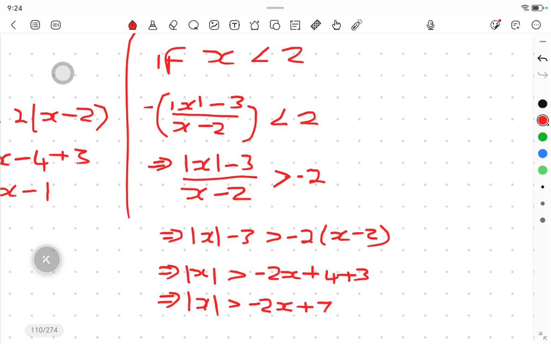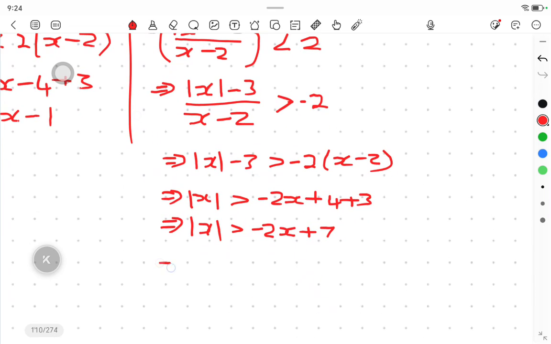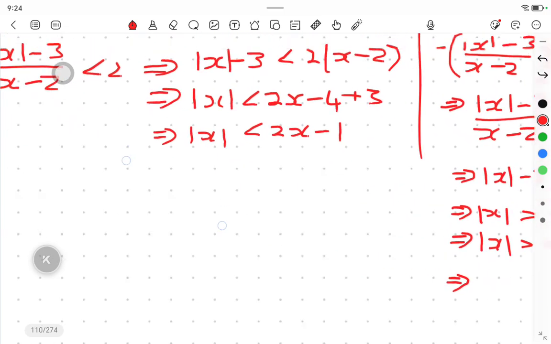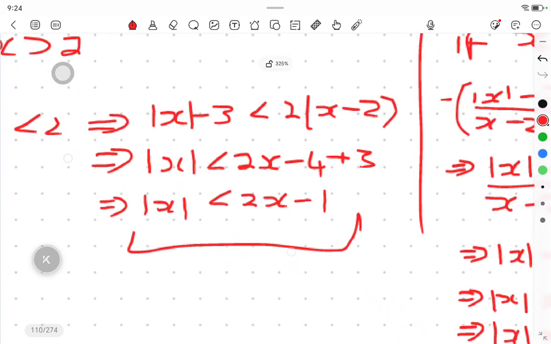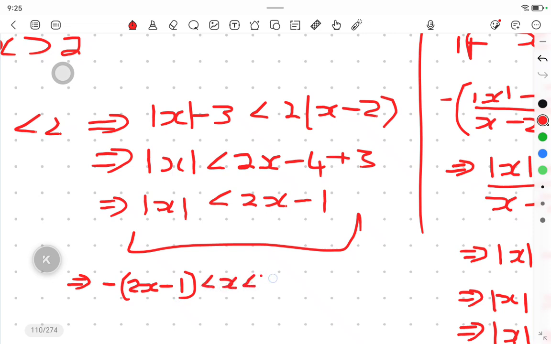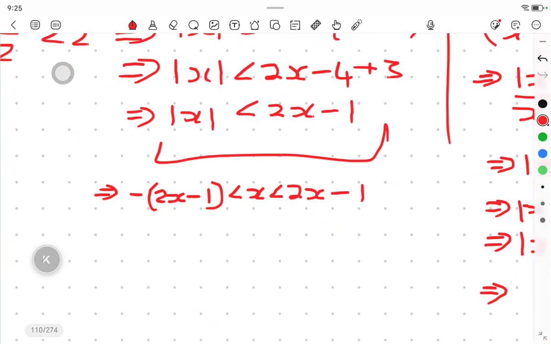Alright, so now when we come here, if we check, this was what was greater. If it's greater, when we separate this, we're going to use or. If it's less, when we separate this, we're going to use and. So if we check here, this is less, we're going to use and. So before I separate them, let me start by applying this law of absolute values, and then I'll separate them from here.